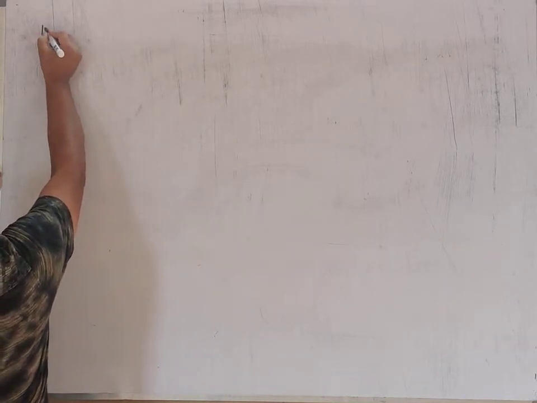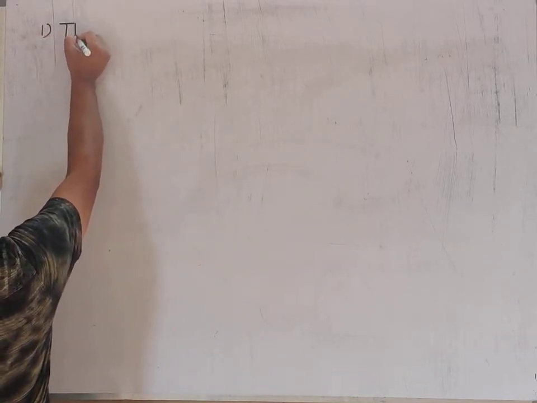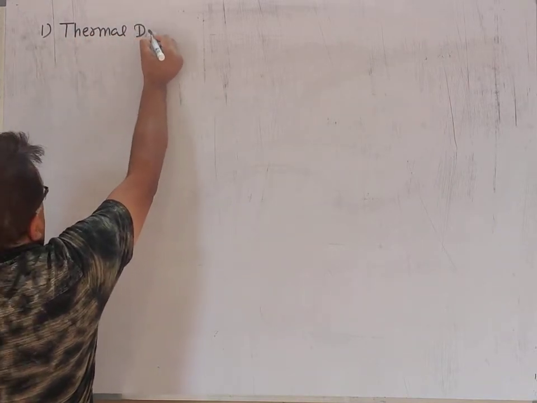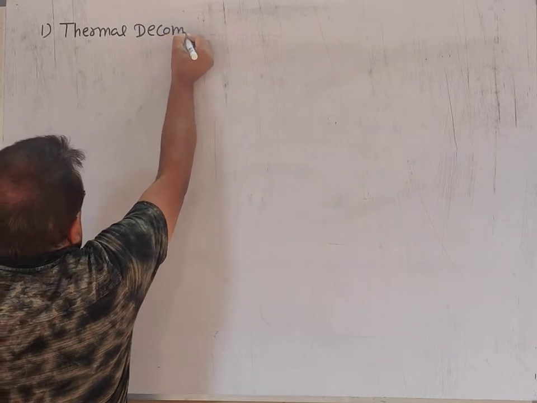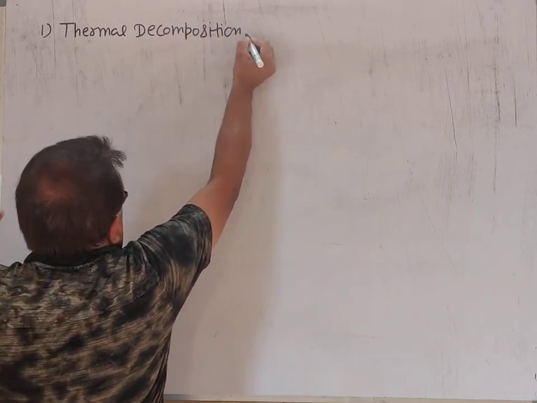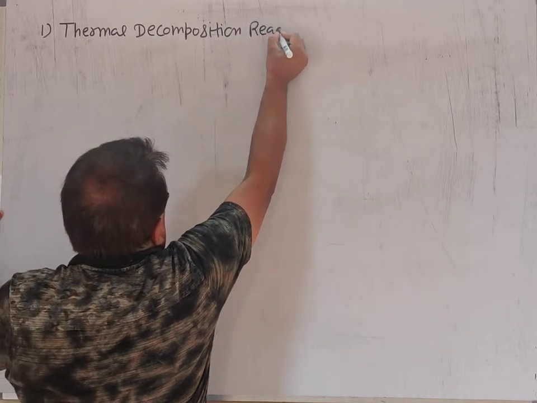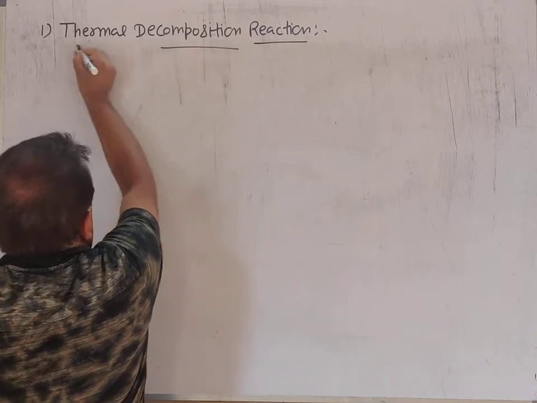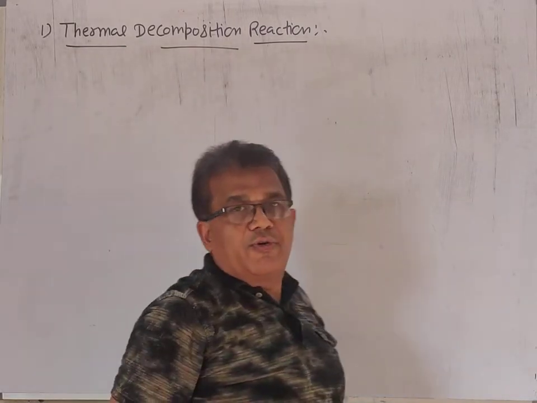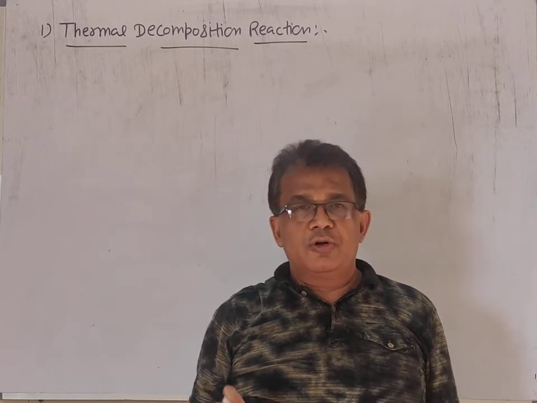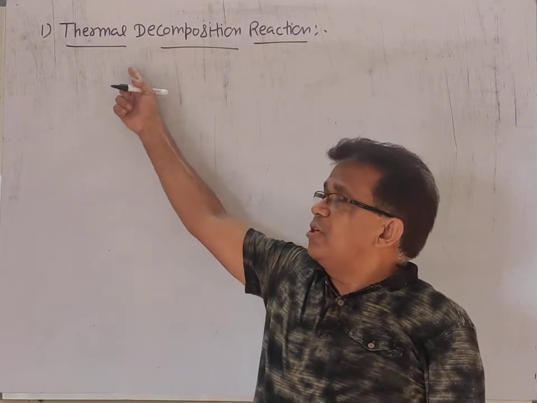The first type is thermal decomposition reaction. It is a type of decomposition reaction when a substance decomposes on heating. Therm means heat.